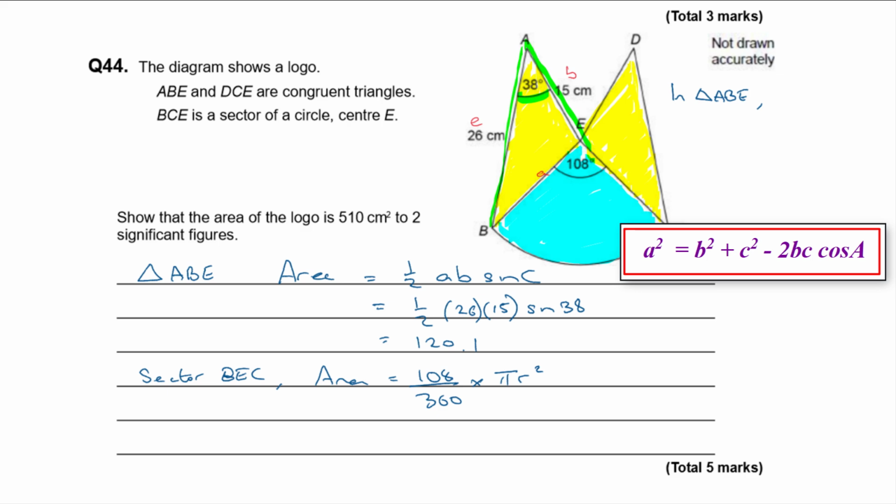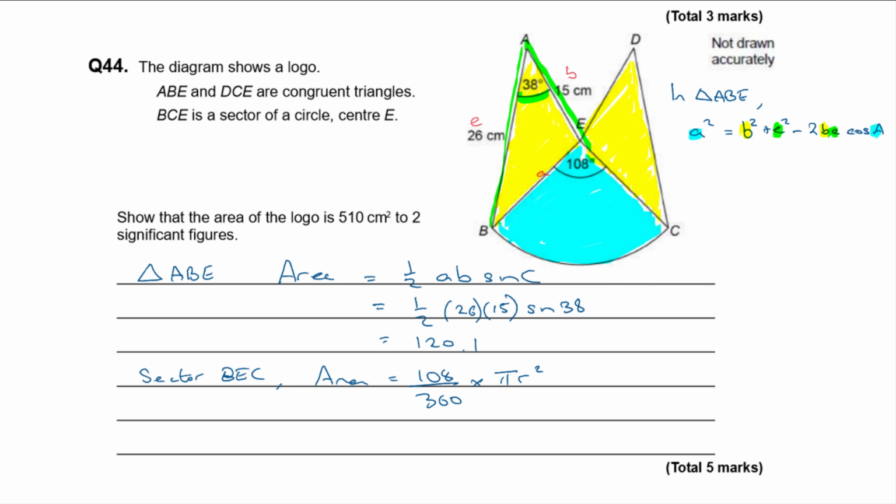So I'm going to start with a at the front of my cosine rule. a squared equals b squared plus e squared minus 2be cos A. Just remembering the pattern that we talked about earlier, that b repeats, e repeats, and it starts and ends with the same letter. So that's the formula.